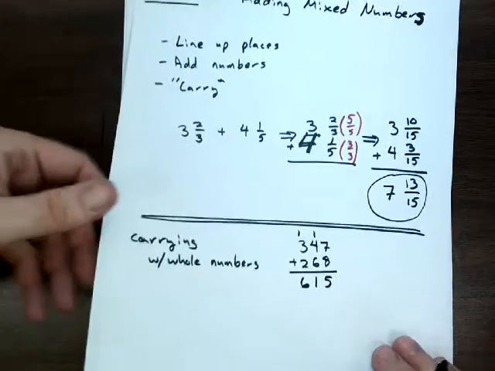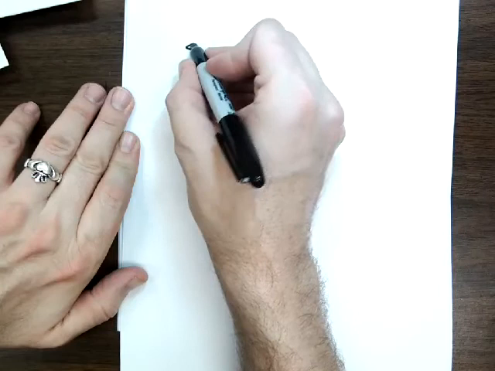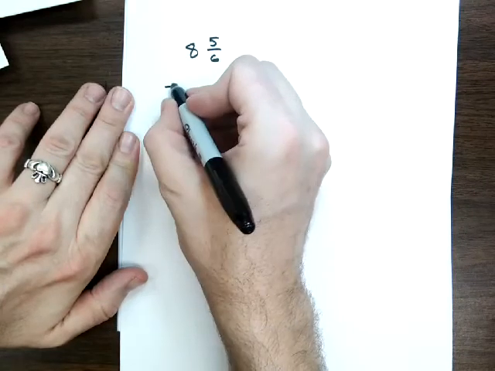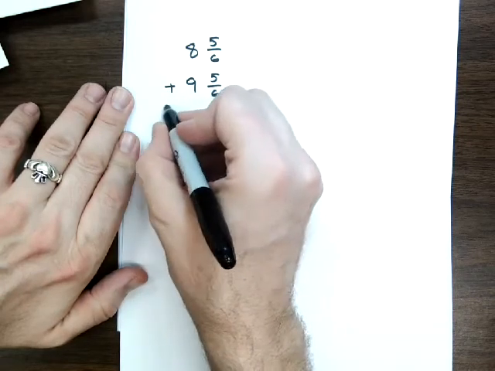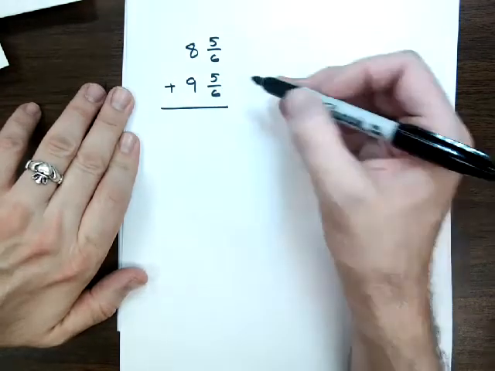Let's show you what this is going to look like. I'm going to add 8 and 5/6 to 9 and 5/6. When I look at this, right off the bat, I see 5/6 plus 5/6. Hey, I was nice.